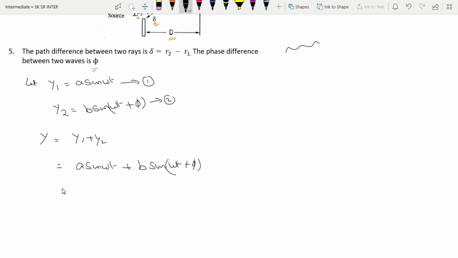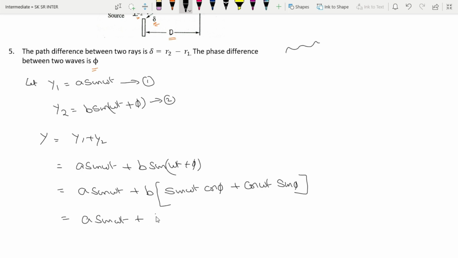Then simplify this equation. a sin omega t plus b times, this looks like sin(A + B), so sin omega t cos phi plus cos omega t sin phi. This will be a sin omega t plus b sin omega t cos phi plus b cos omega t sin phi.